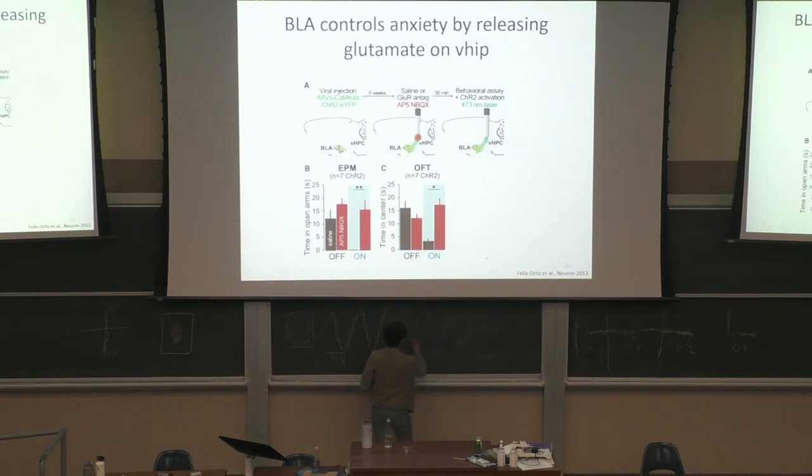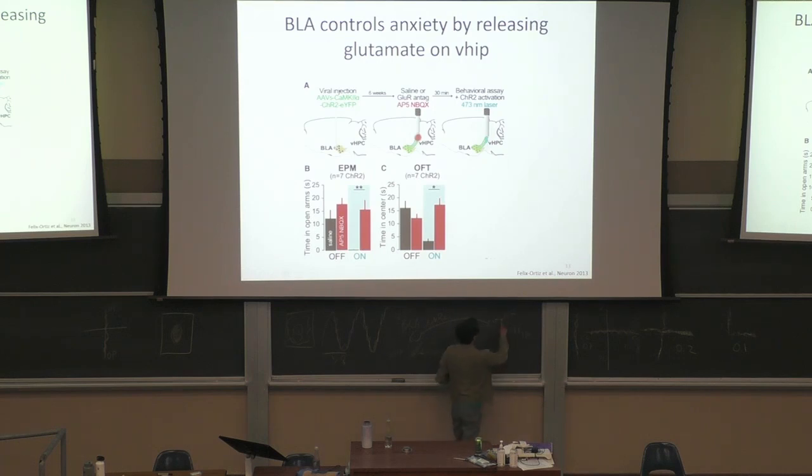BLA has some cells that synapse onto the ventral hippocampus, and they release some glutamate in there. If you optogenetically excite this, it releases more glutamate, and this glutamate action on the ventral hippocampus creates more anxiety. Then to show if that was the case, they repeated this excitation experiment while adding glutamate receptor antagonists in the ventral hippocampus.